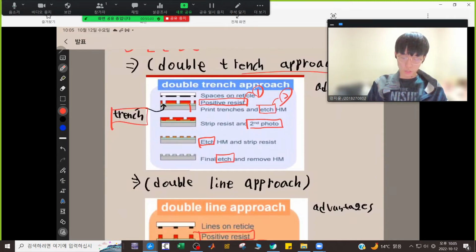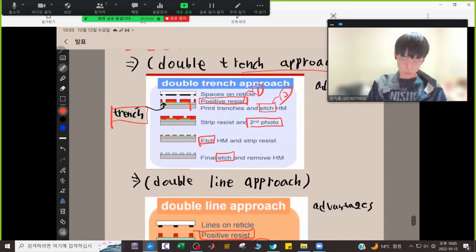and next etching the hard mask and stripping the photoresist, then we can get this wafer.